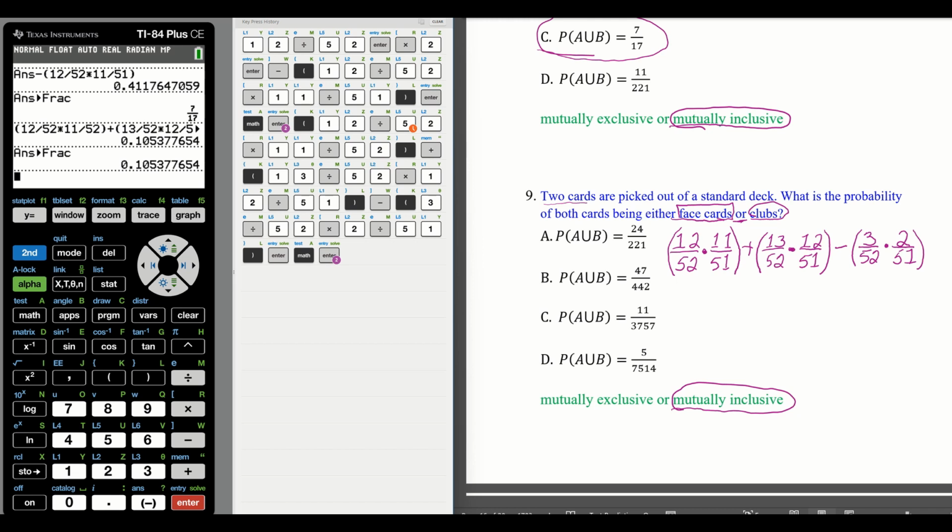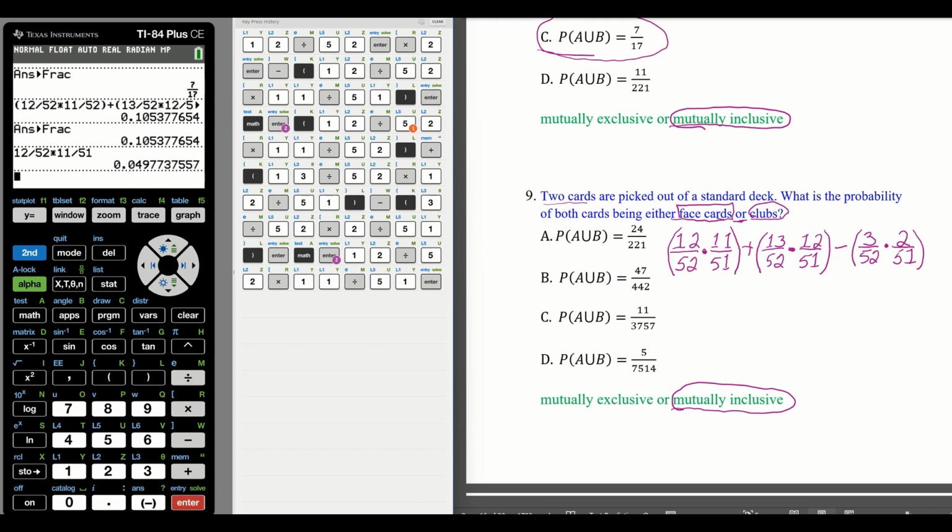Oh, we have done something incorrect. Something tells me our order of operations is having problems with the way we entered it. So let's try this one time, but let's do it in chunks. 12 divided by 52 times 11 divided by 51.